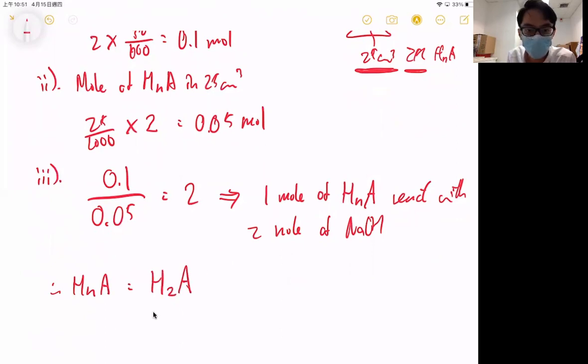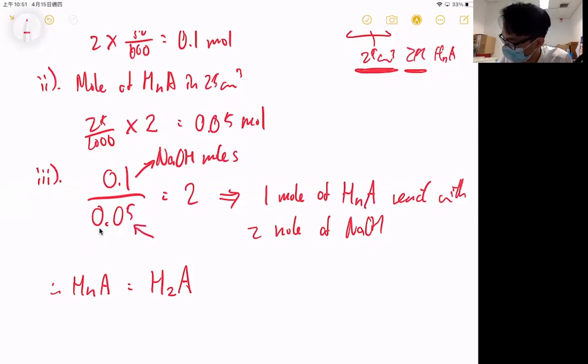So that is how we can calculate the basicity, how many ionizable protons are in the acid, by considering the reacting ratio with the sodium hydroxide. So here is the number of moles of sodium hydroxide, and here is the HnA mole. We calculate the ratio and we get 2, and it means that 2 sodium hydroxide will react with 1 HnA.